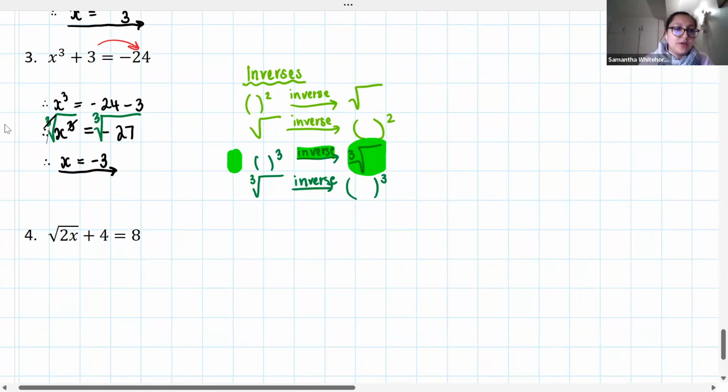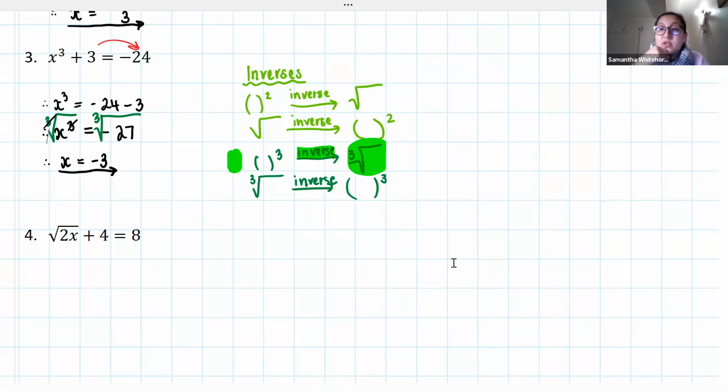Okay, so let's have a go of question 4. We've got square root 2x plus 4 equals 8. Same thing happens. Use your inverse operations. Just now bear in mind what the inverse of a square root is.